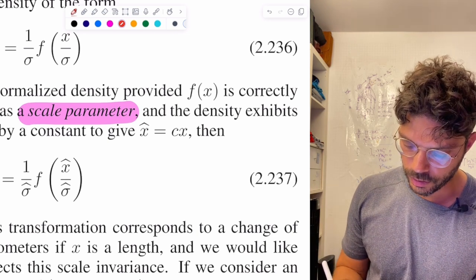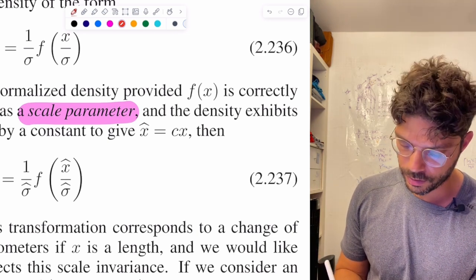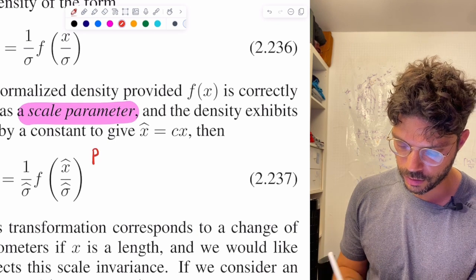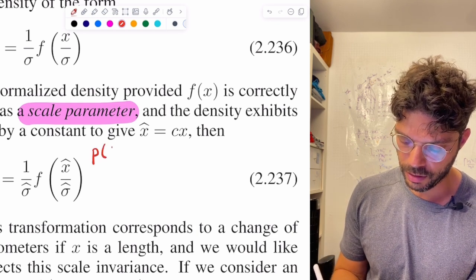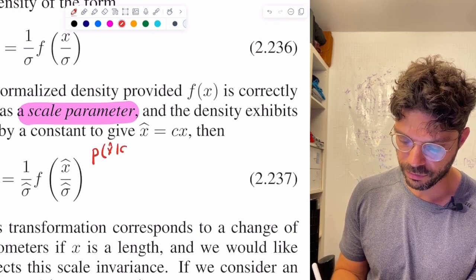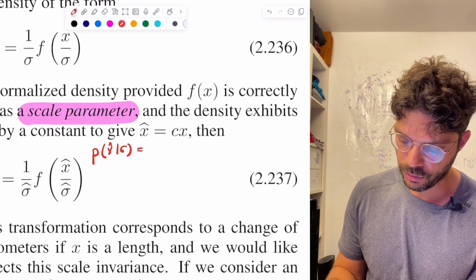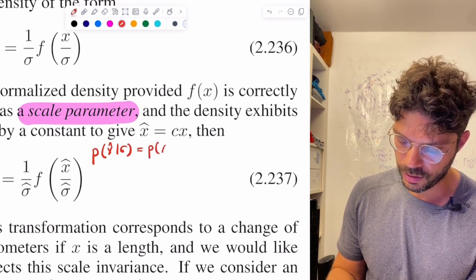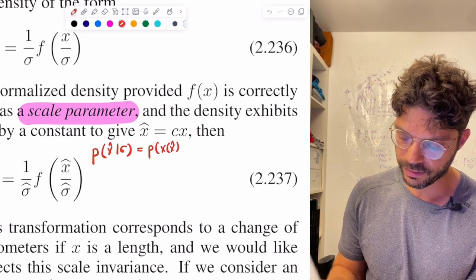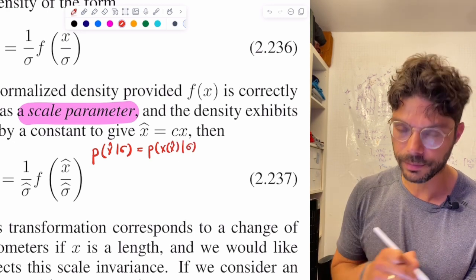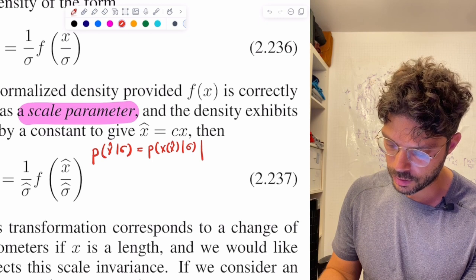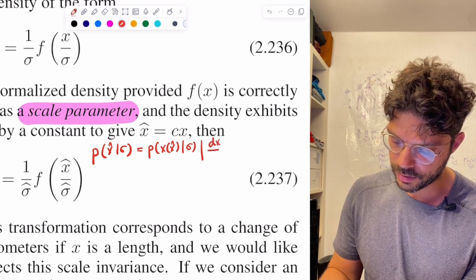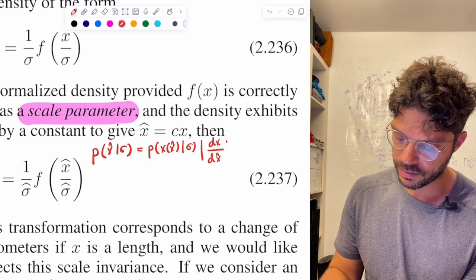Okay, so remember that p of x, we'll work with sigma first, is going to equal p of x hat given sigma times dx hat.